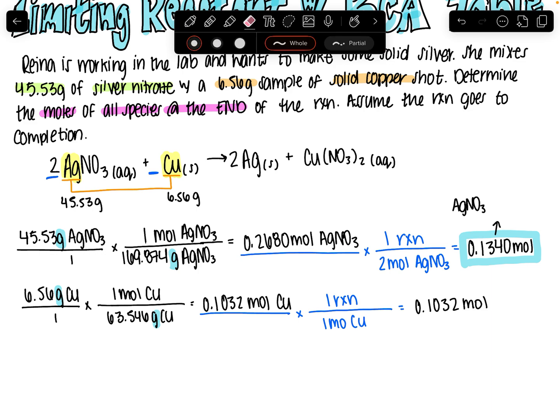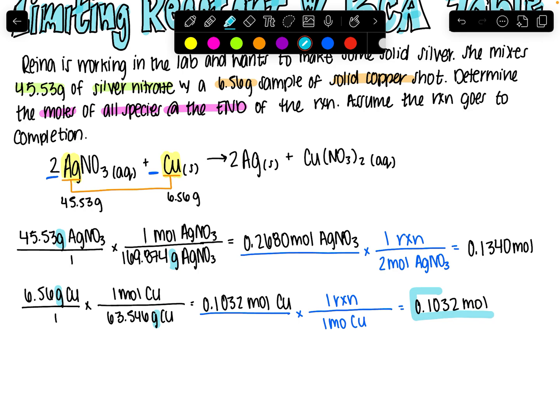That number's not smaller. I'm so silly for this one. These numbers are very close, but this one is smaller, I meant to say. So this tells us that copper is the limiting reactant. That's what I get for making a video later in the day. Crazy me. All right, so because copper is now my limiting reactant, I can finish off the rest of this problem with that in mind.